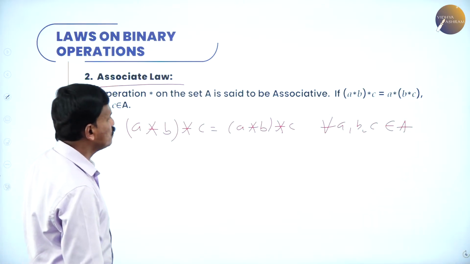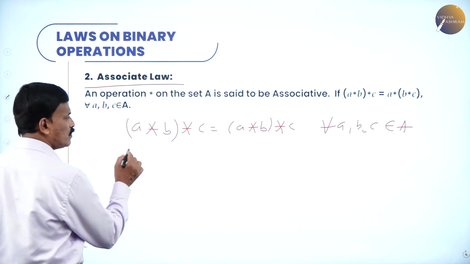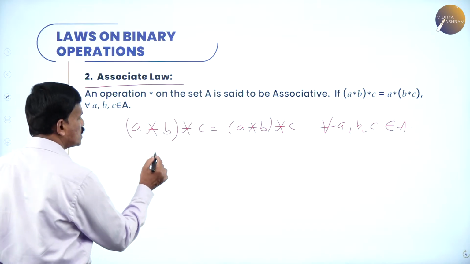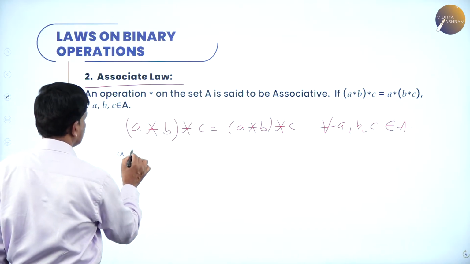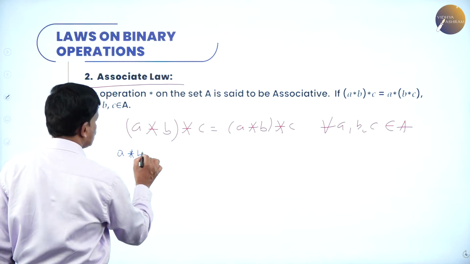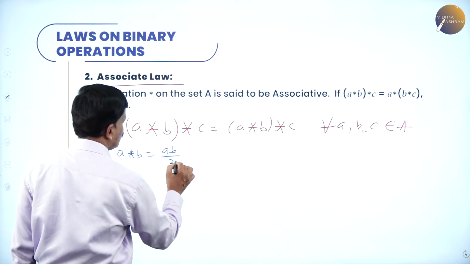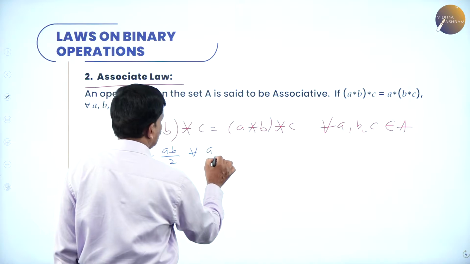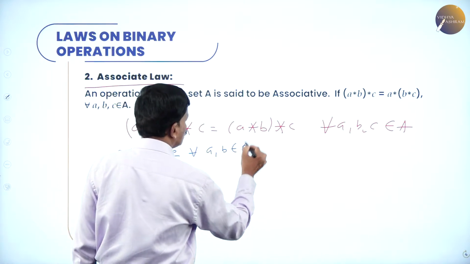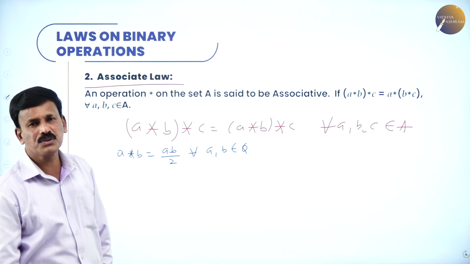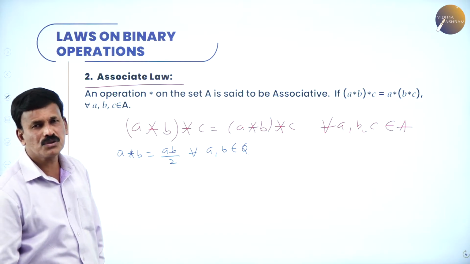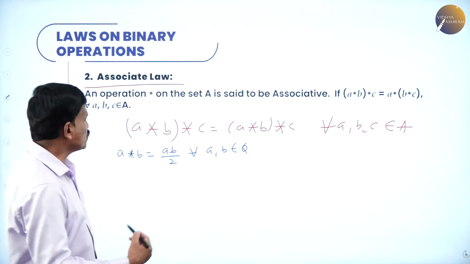Let us consider the same problem. On the set of rational numbers, A star B is defined by AB by 2 for all A comma B belongs to Q. Now verify the associative property.